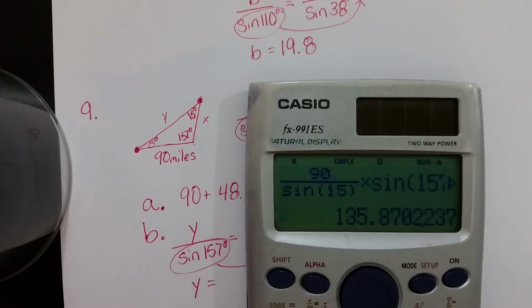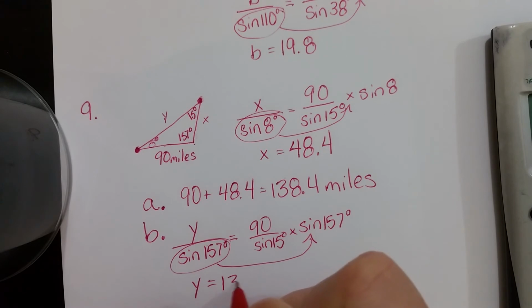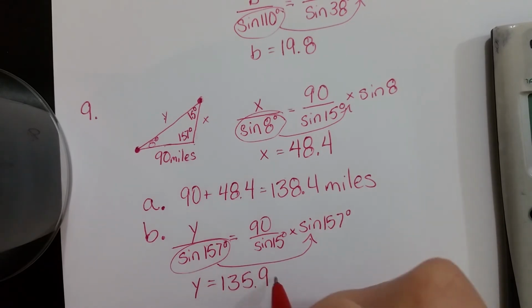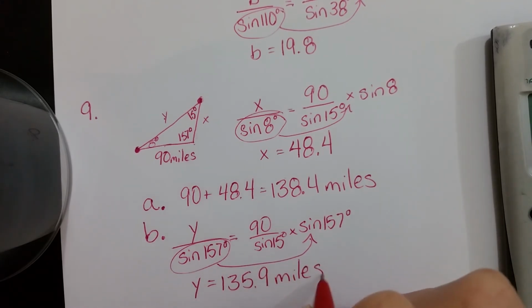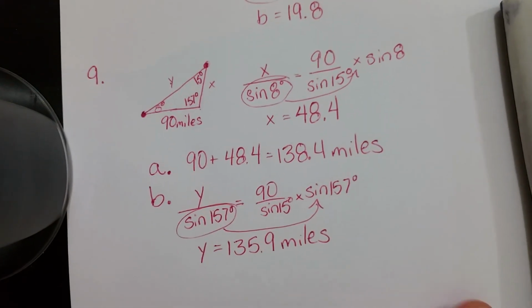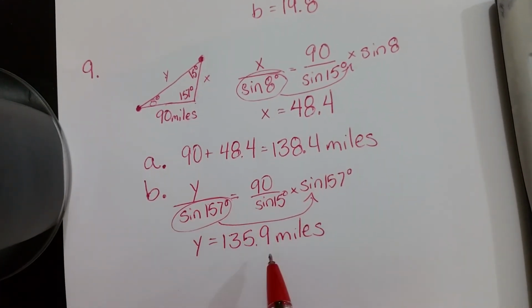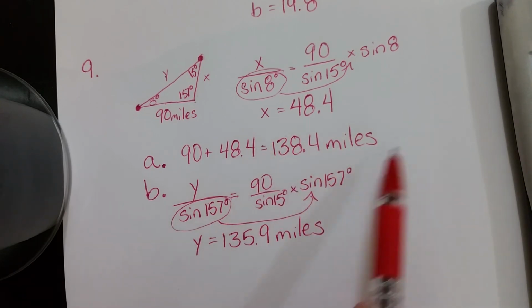So 135.9. So that is what a direct flight would have been. And this is how much it actually flew.